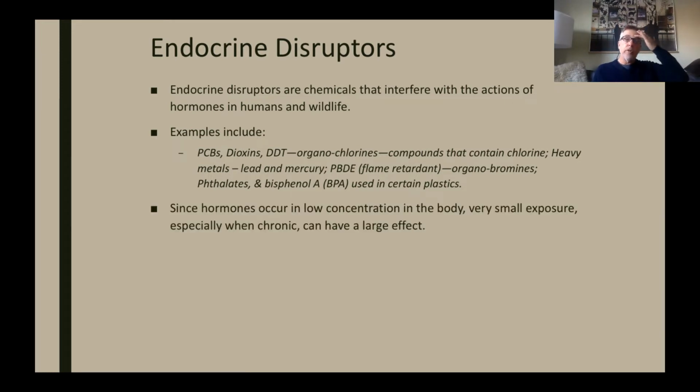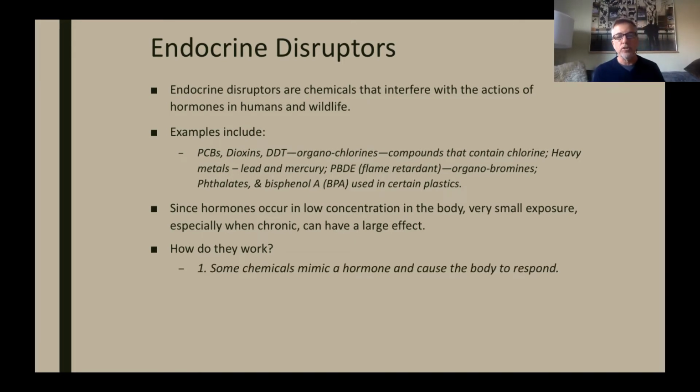Since hormones occur in low concentrations in the body, very small exposure from environmental sources, especially when chronic, can have a large effect on the endocrine system. How do they work? Well, basically, any way you could imagine that they could change the endocrine system, we have examples that they do. So some chemicals mimic a hormone and cause the cells in the body to respond to a mimicked hormone.